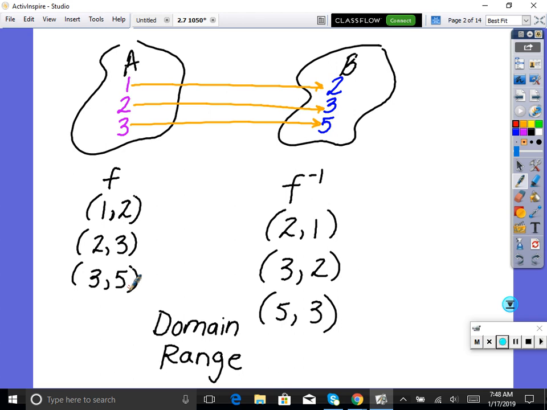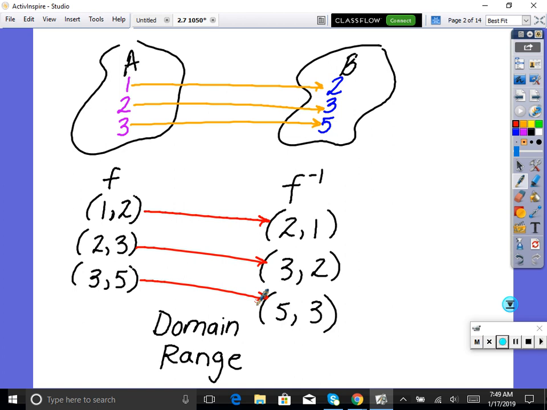Now, to find the inverse of that xy point, does anyone remember how we find it? What's the inverse of (1, 2)? (2, 1). You just switch x and y, right? That's how we find the inverse of an xy point. So this one's inverse is this, this one's inverse is this, and this one's inverse is this.